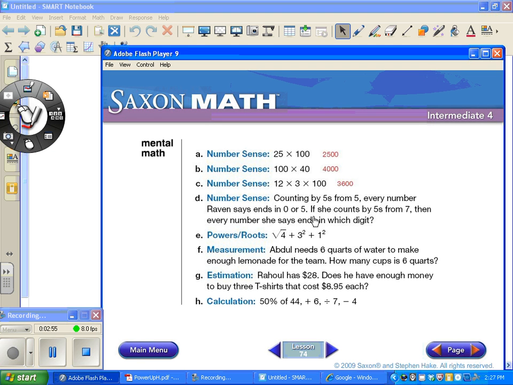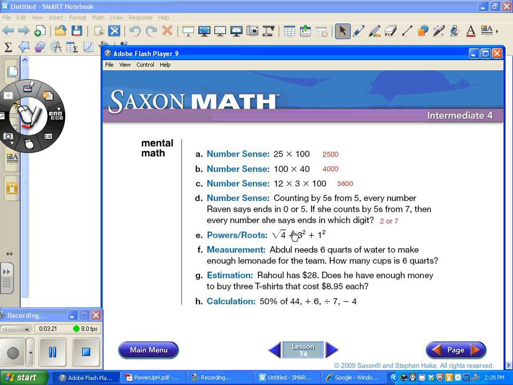She's exactly right. But if she counts by 5, starting from 7, then every number, she says, ends in which digit? So if we add 5 plus 7, we get 12, okay? And then 12 plus 5, so they'll either end in a 2 or a 7.